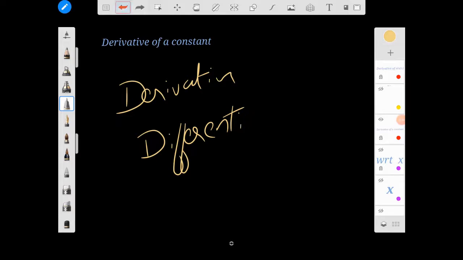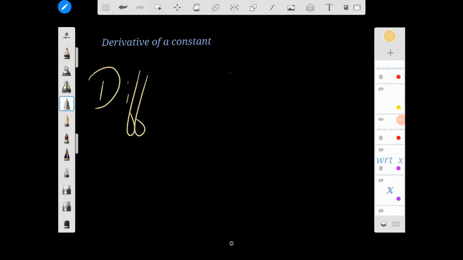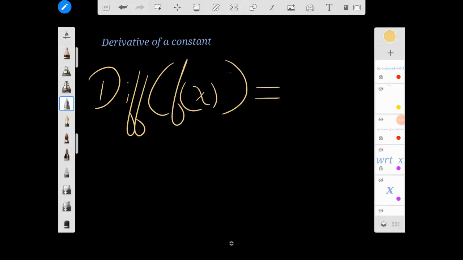Let me make it very clear. When I differentiate one function, for example f of x, what I get is called the differential. Let me write it more properly.